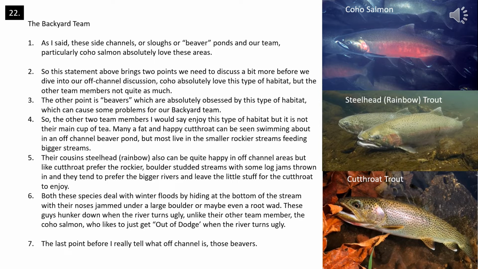They're low energy. They're jamming into the small stuff, particularly that's buried in the big logs. Most of the coho want to actually get out of the stream when the river turns ugly. So that's the last point where I really tell what off-channel is. And also, we'll talk a little bit about those beavers.